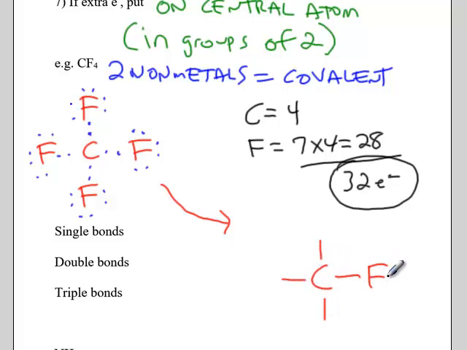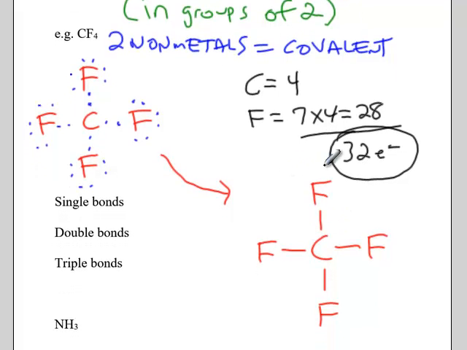So instead of showing 2 dots for the electrons that connect the fluorine to the carbon, we draw that with a single line. We still show the other 6 electrons on each terminal fluorine as 6 dots.